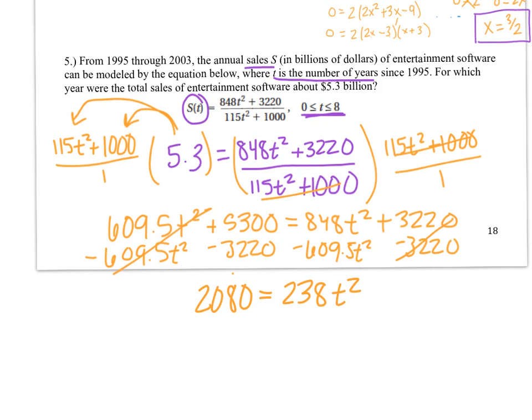So how do we, I'm getting ahead of myself. We actually want to divide both sides by 238 first. So 2080 divided by 238 gives us around 8.74 equals your t squared. So now, how do we undo a t squared?